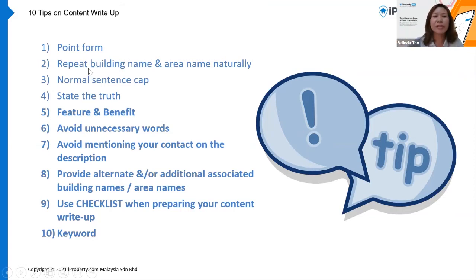The second point that I want to highlight to everyone is to repeat the building name or the area name naturally. Later, I'm going to show you some examples of what we mean by this. The third one is to use normal sentence case. Some agents will tell me, no Belinda, I need to use capital letters because I want to tell people this is important information.